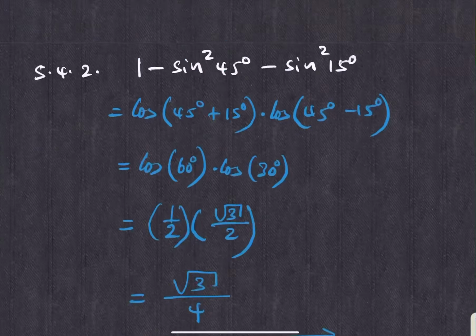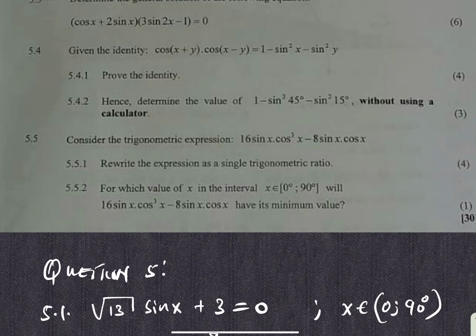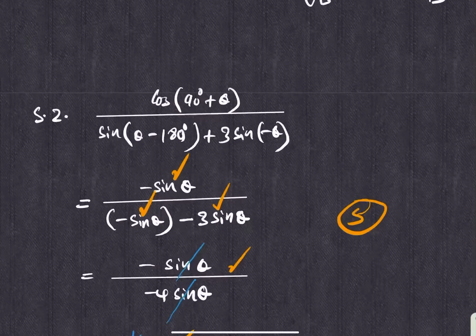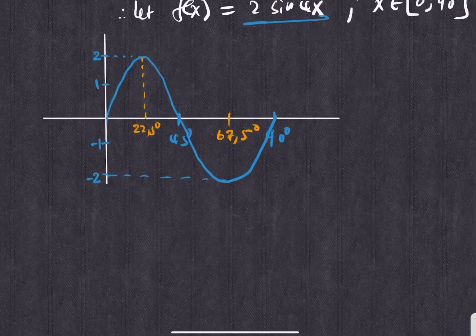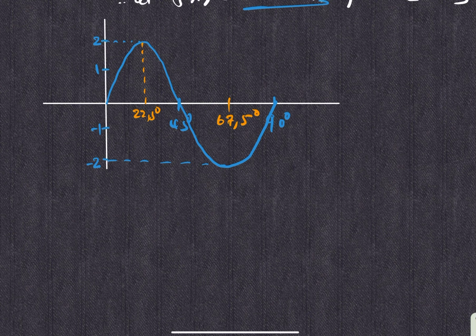So let me read the question. I don't want to answer it wrongly. For which value of x in the interval will this expression have its minimum value? So think about it. The minimum value here is at -2, but we are looking for the x value at the minimum value.